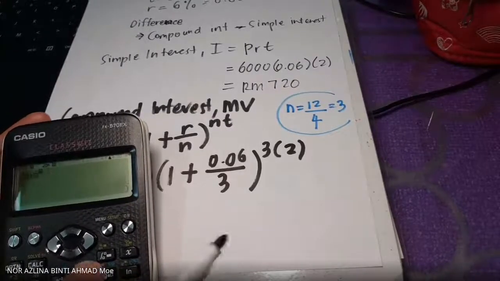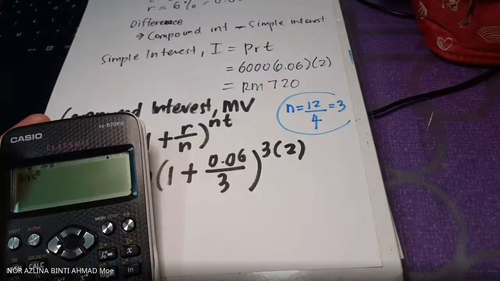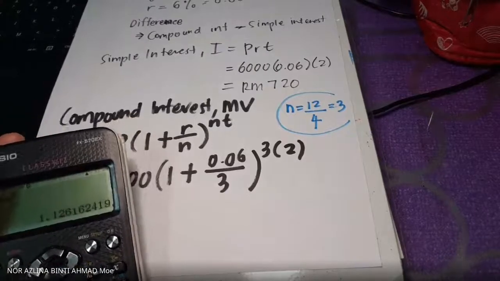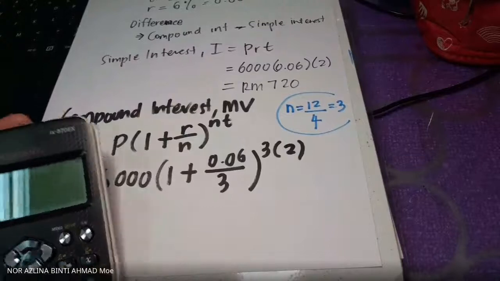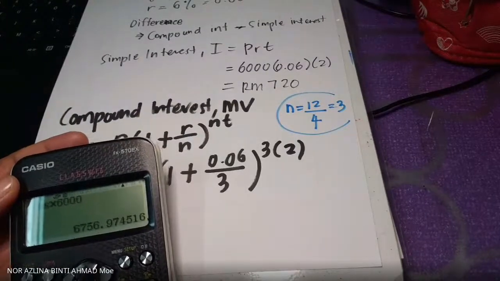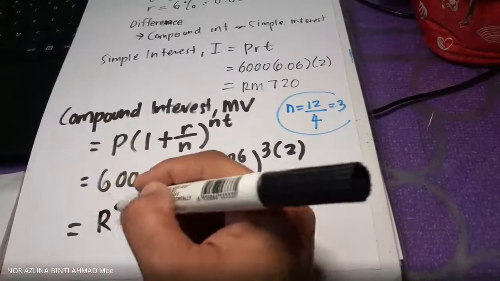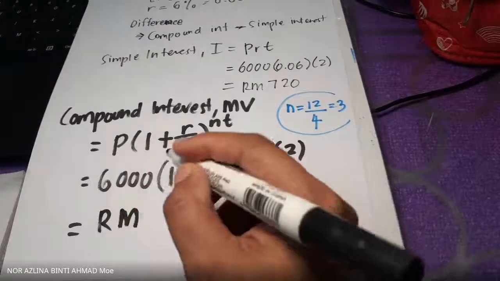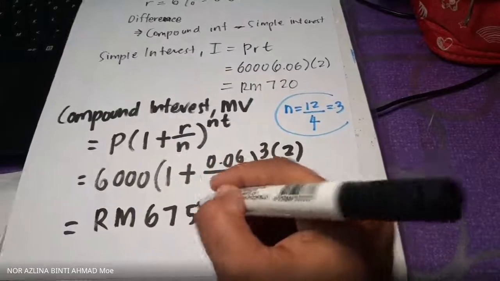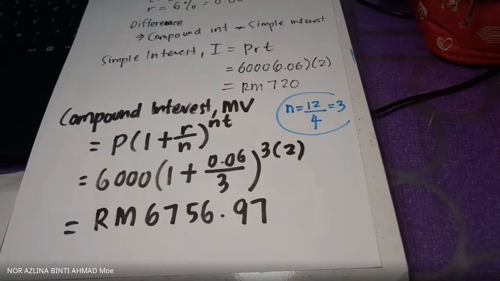Power of 3 multiply 2, so power of 6. Then we multiply 6,000. We get RM 6,756.97. This is compound interest.